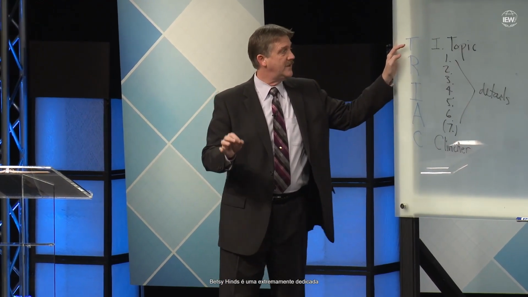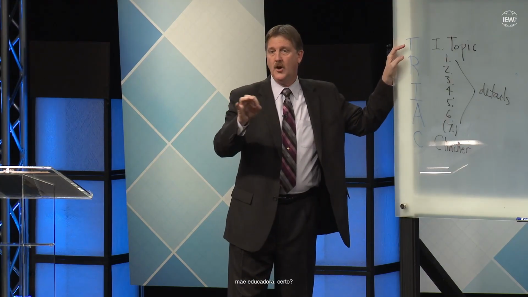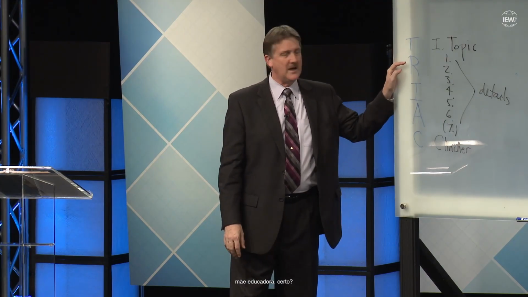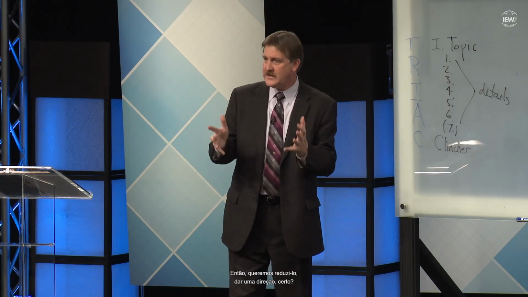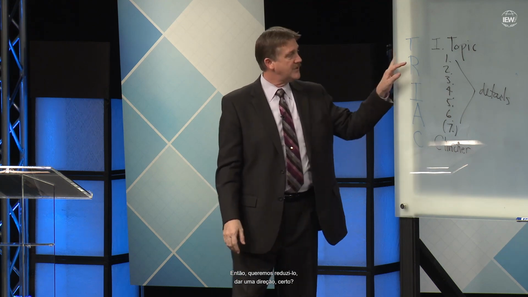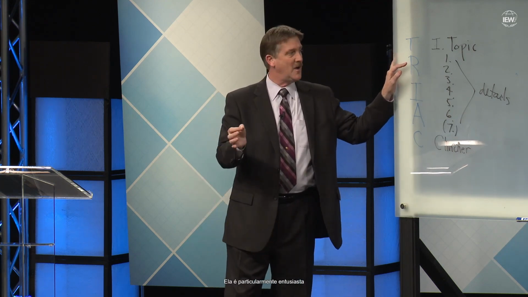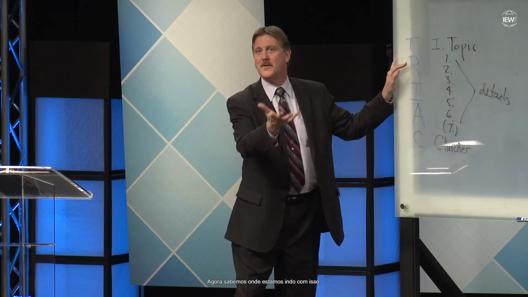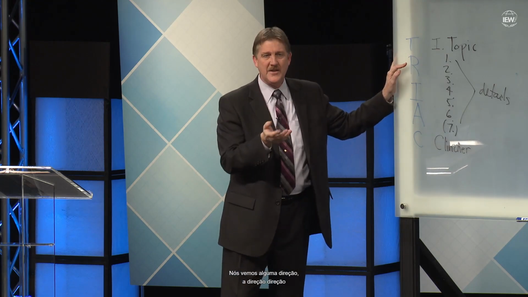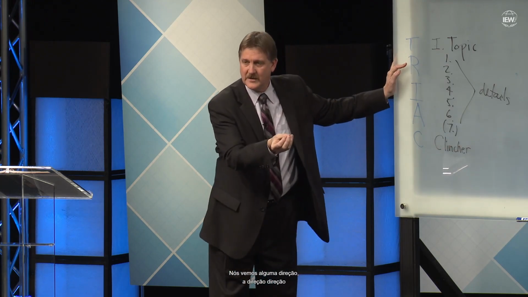Betsy Heinz is an extremely devoted homeschool parent. Right? Now, that's a big subject, right? So we want to narrow it down, give it some direction, right? She is particularly enthusiastic about teaching her children science. Now we know where we're going with this. We see some direction.